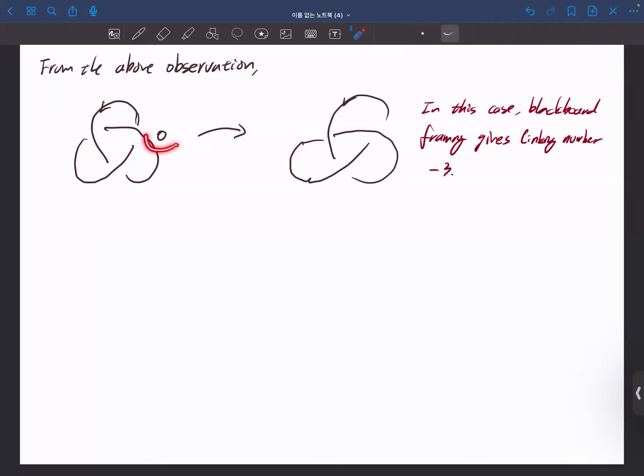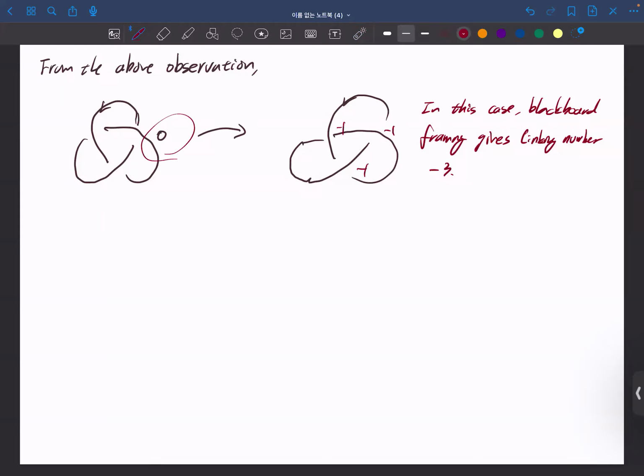But we want to get 0 with blackboard framing. Then what do we do? As I said, the linking number between the original diagram and blackboard framing is equal to the summation of all crossing signs. And in this case, -1, -1, -1.